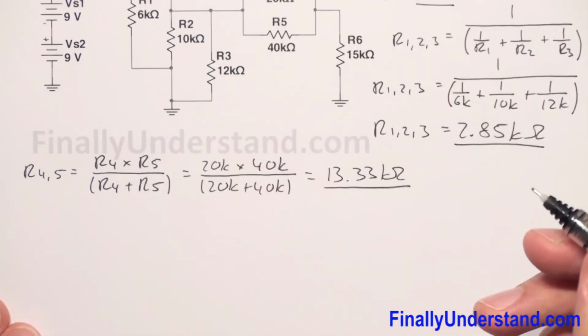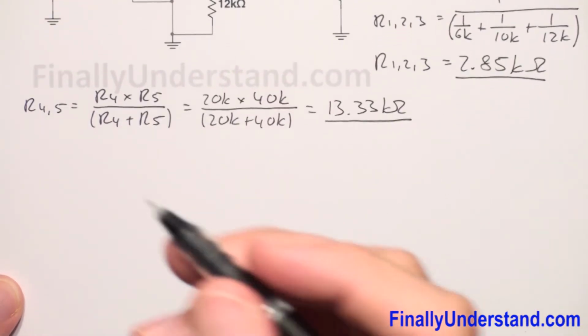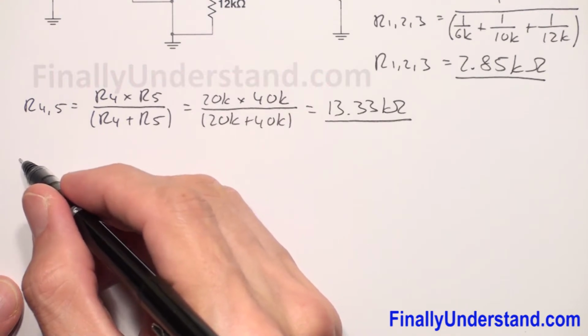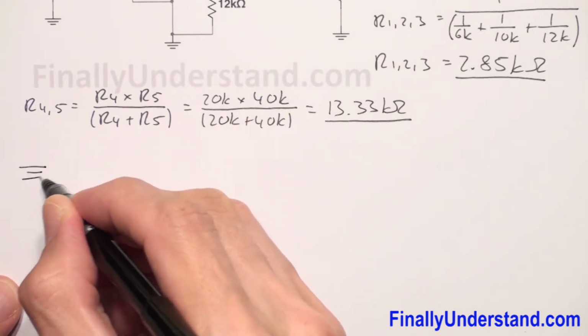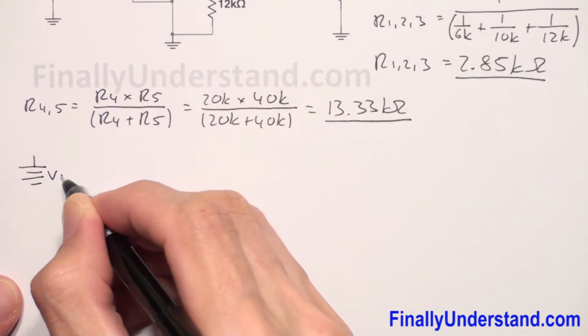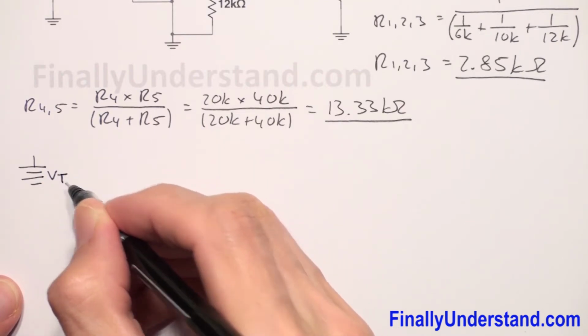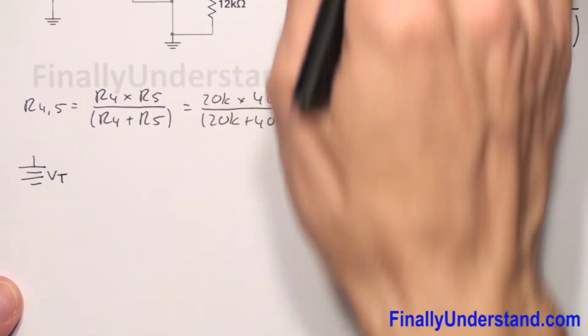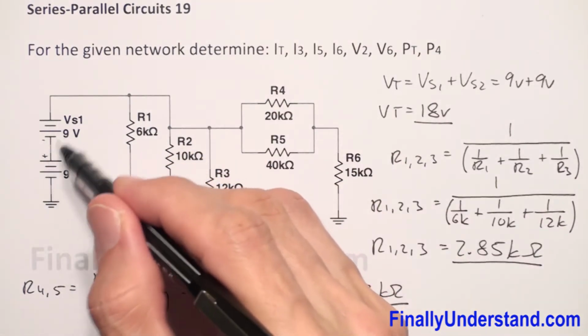Next, we can redraw the circuit. Okay, so we have total voltage, call this V total. Total means the voltage sources combined together.